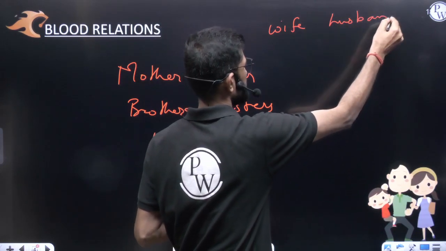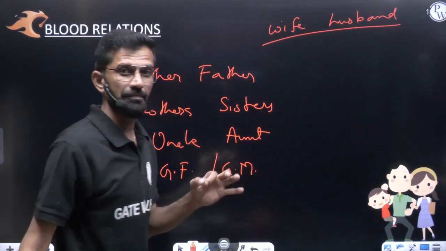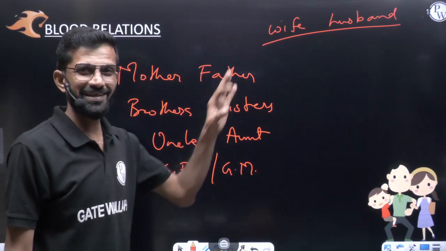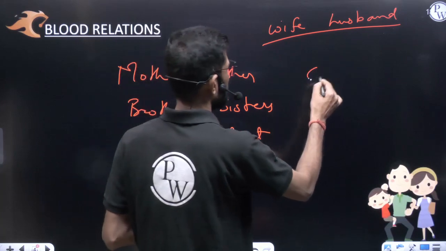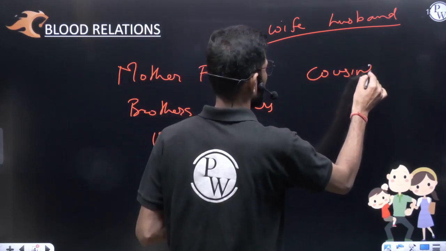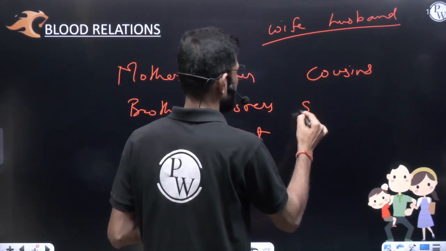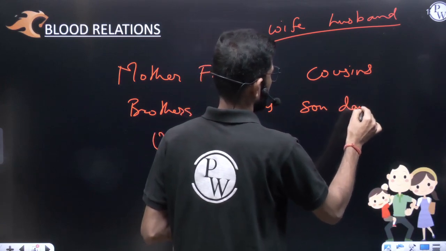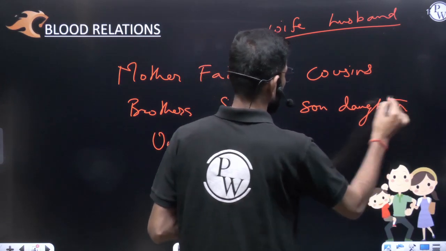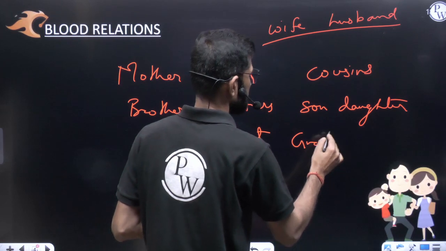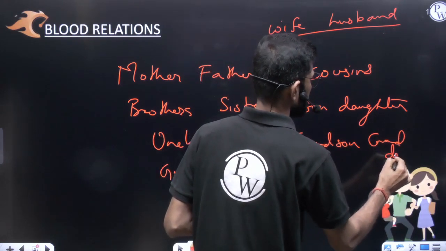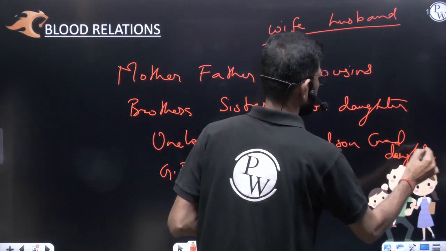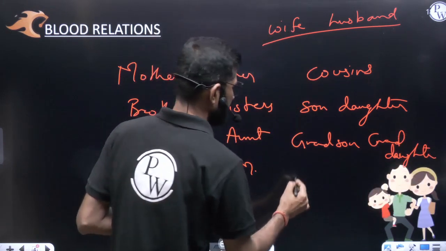See here, wife and husband is also under the blood relation only. Blood doesn't matter, but they are also under the relation. Further we have cousins. Then we have son, daughter. We even have grandson, granddaughter. Further we have nephew, niece.